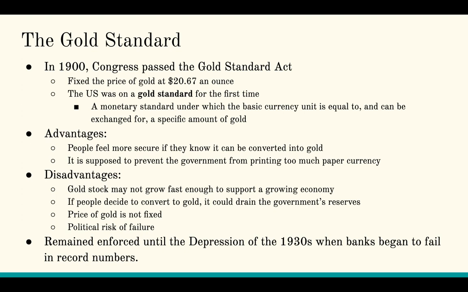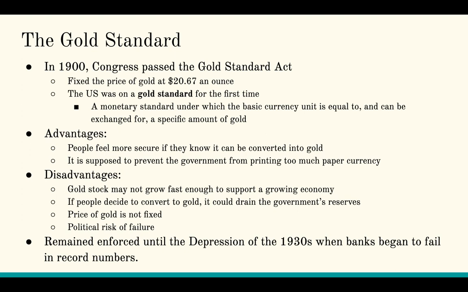The Gold Standard Act did not affect the type of currency that people used. People continued to use the same greenbacks, national banknotes, gold certificates, silver certificates, and treasury coin notes as they did before. The difference was that these notes could now be exchanged for gold at the Treasury at any time.